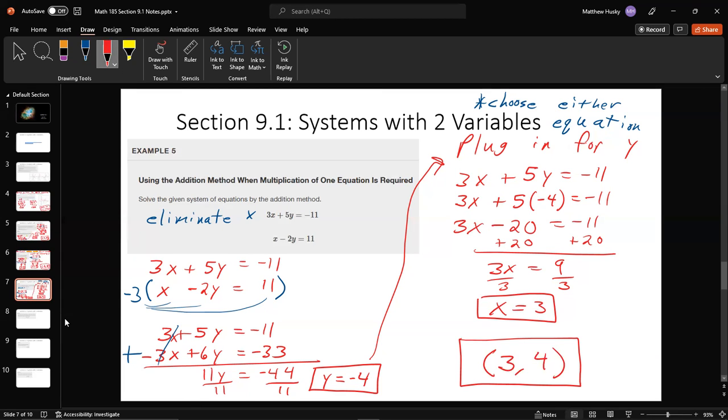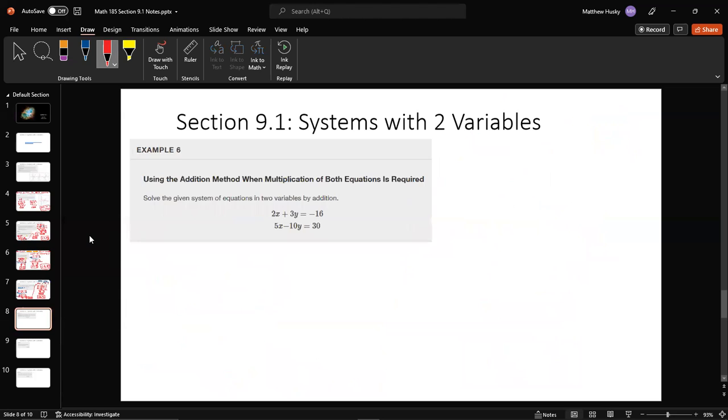Okay, so what else do we have going on here? So here, the name of the example kind of very cleverly points out to us that we're going to need to multiply both times to solve this problem. So before you do anything else, like I was saying earlier, you need to pick which one you're going to get rid of.